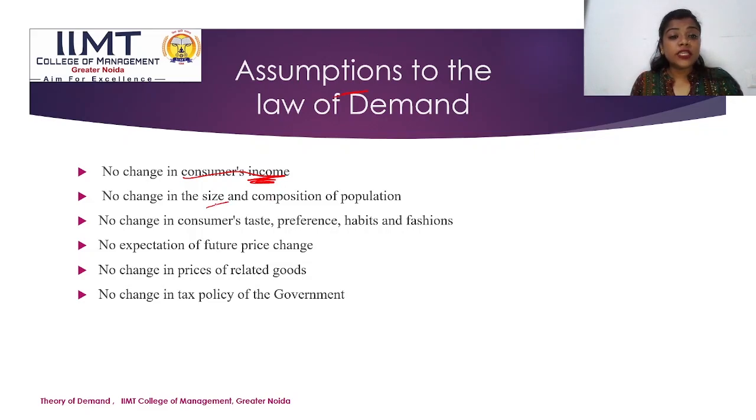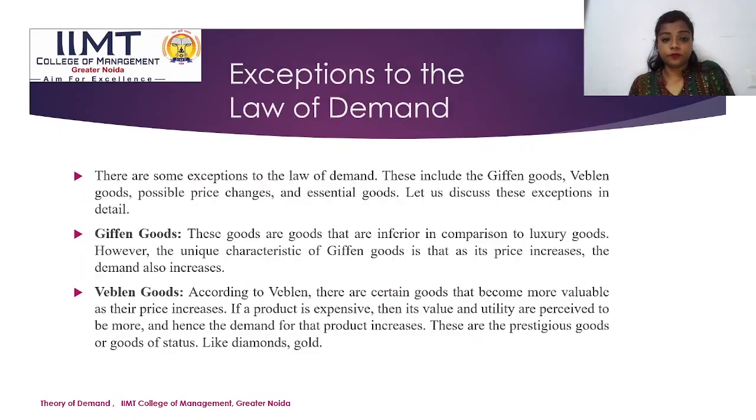There will be no change in the size and the composition of the population. There will be no change in the taste and preferences, habits and the fashion. There will be no expectation of rise or fall in the price in the near future. There will be no change in the price of the related goods, and there will be no change in the taxation policy of the government.